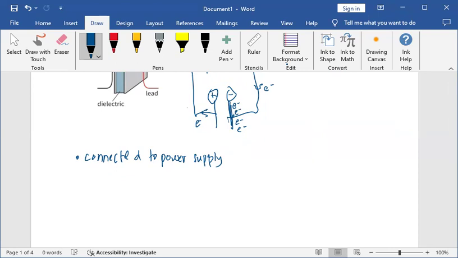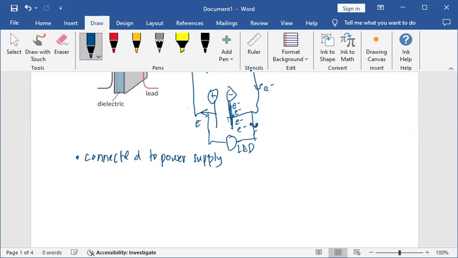Now, ketika digunakan, jadi ini connected to an LED, and then the electrons will flow.